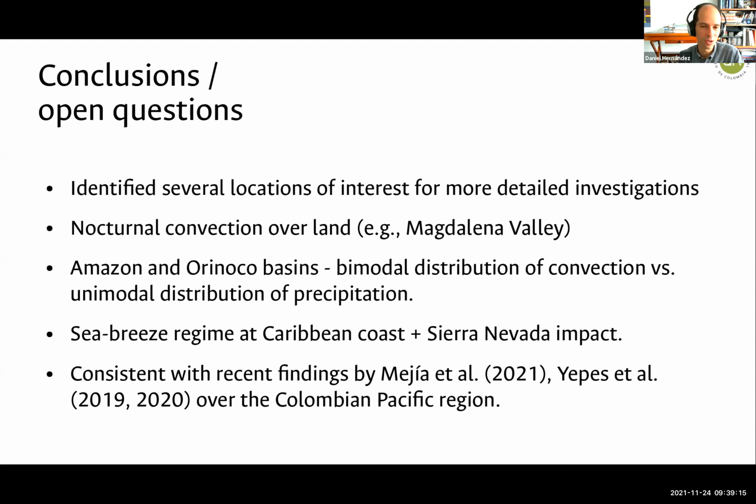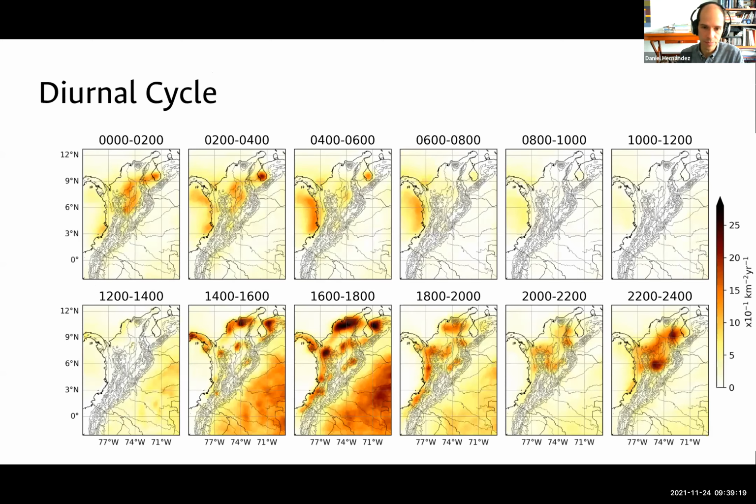But then the smaller scale ones, many of these small hot spots of convection, you would really need a very high resolution model to look at that. That would be a next step, to see how, for example, a regional WRF simulation would work there. So do you plan to do something like that?